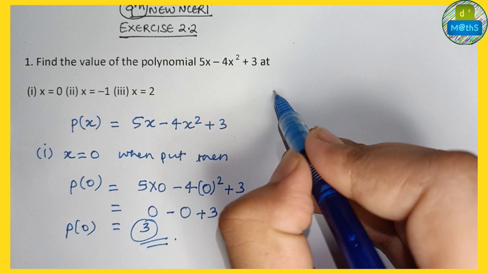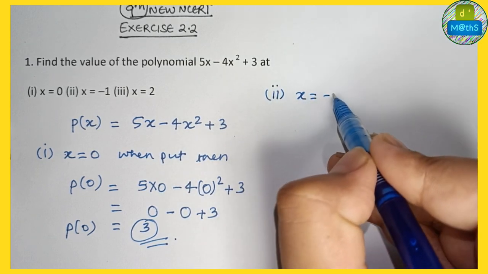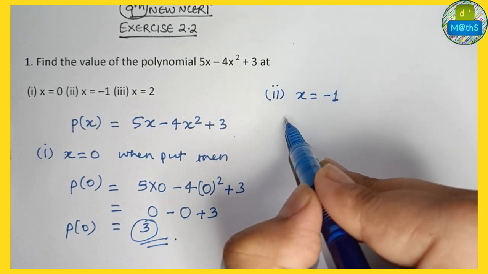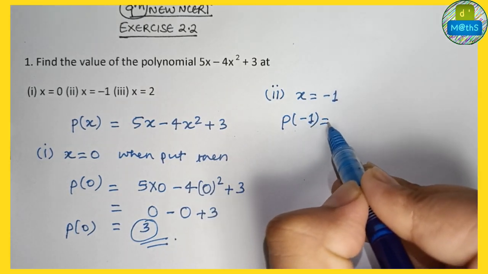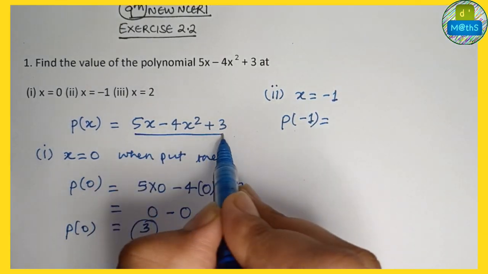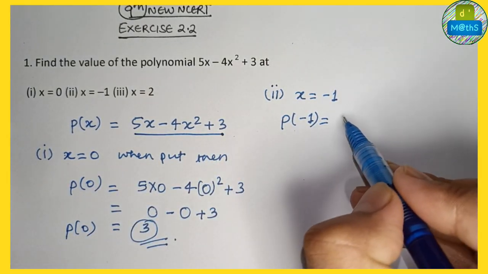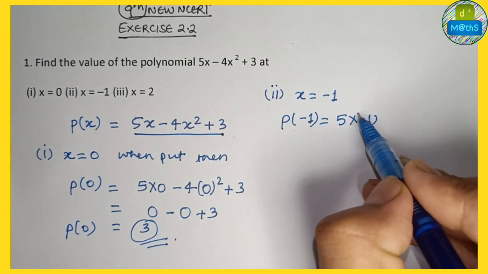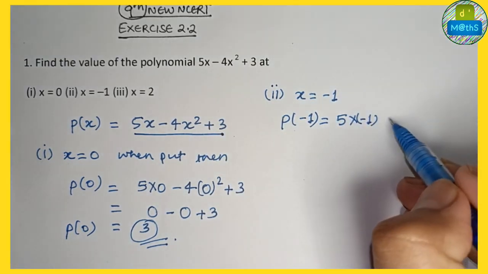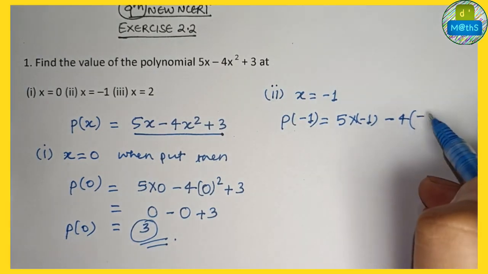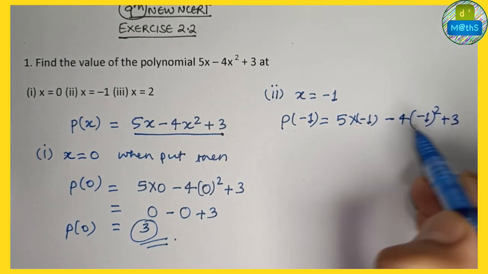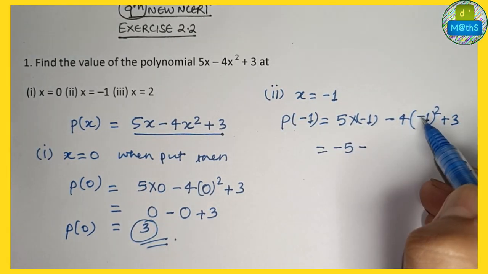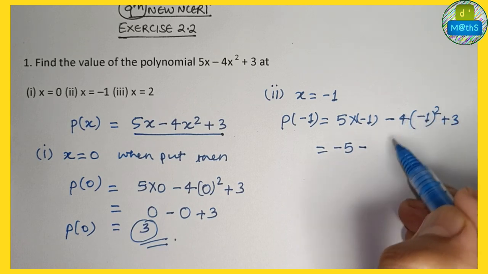Now putting x equals minus 1. So p of minus 1 will be, putting the values in this equation, 5 into minus 1, then there is a sign of minus, 4 into minus 1 whole square, plus 3. When you solve this, minus 1 square will be 1 only, and 1 multiplied by 4 will be 4 only.